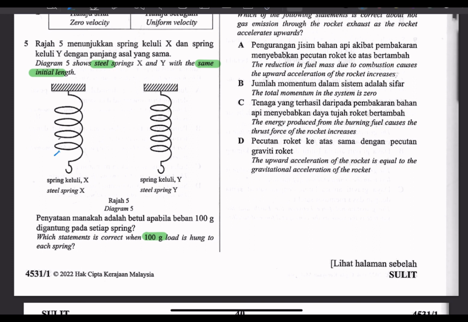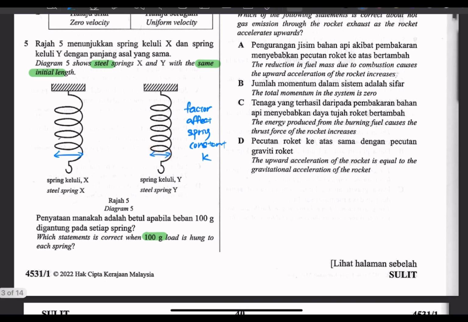The diameter of the spring. This is the diameter. And we know that the factor that affects the spring constant, K, when the diameter of your spring is smaller, the spring constant will be higher. You get a stiffer spring.